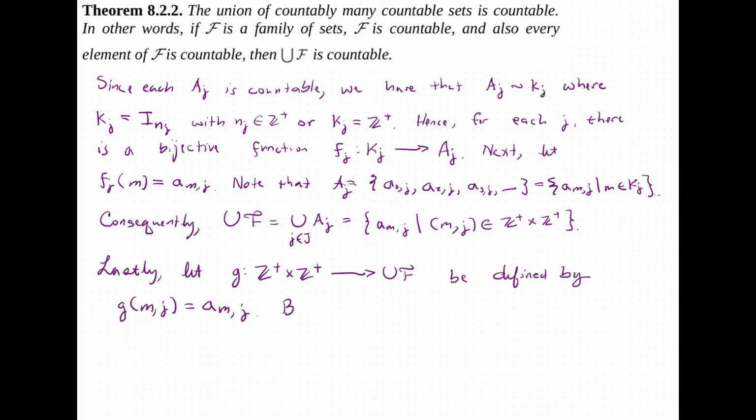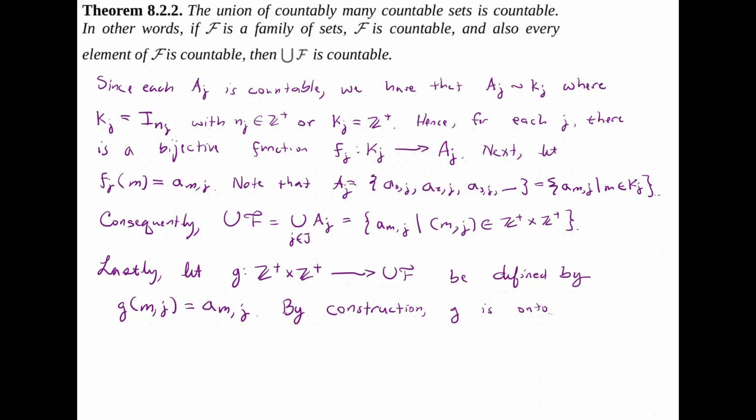By construction, this is an onto function. G is onto because every element in the union of the family can be written as a sub m comma j for some m comma j in the Cartesian product of the positive integers with themselves. So if we took some random element in here, it has this form, and now we have G of m comma j maps to it. So that's what I mean by construction. G is onto.